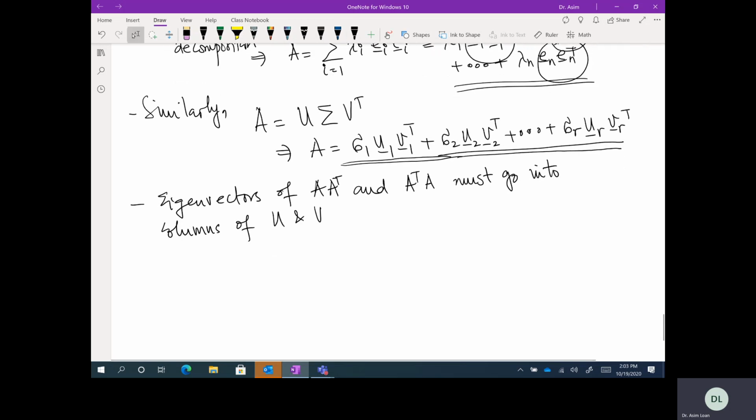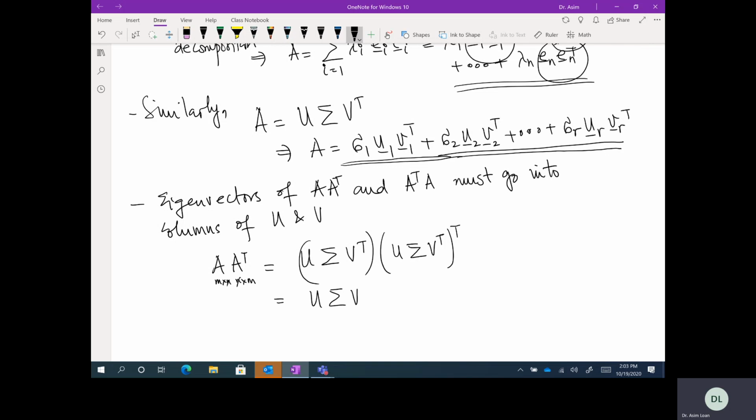And how do we prove that? So A A transpose, this is M by N into N by M, so this is an M by M matrix. This is equal to U sigma V transpose into U sigma V transpose whole transpose. We reverse the order here, so this is V sigma transpose into U transpose.